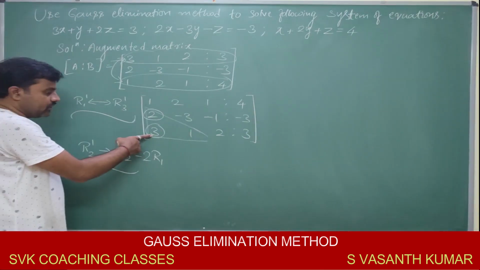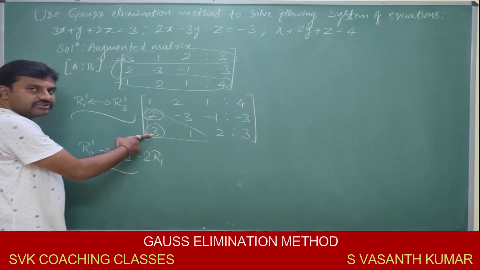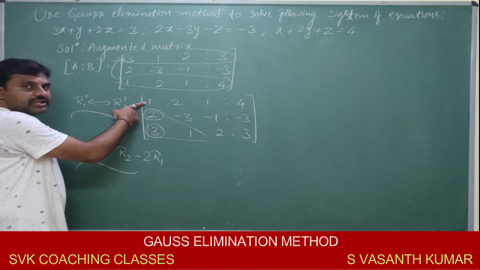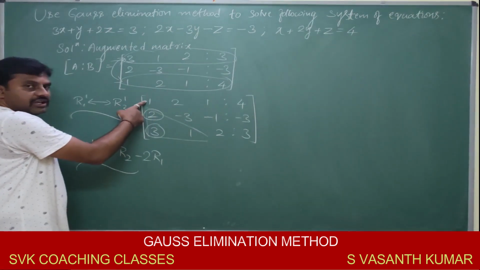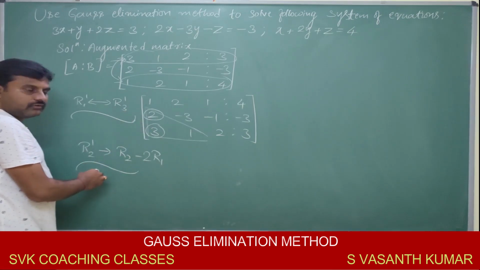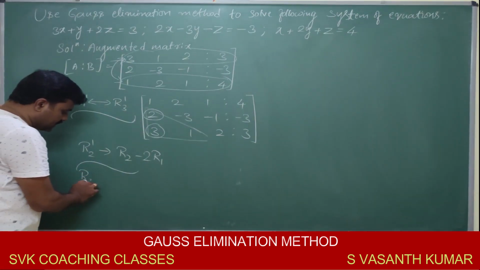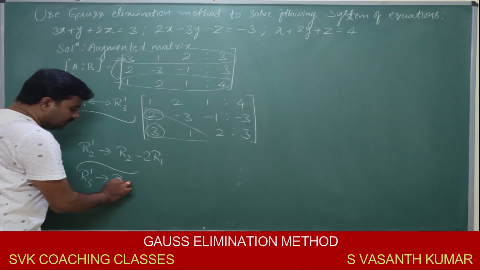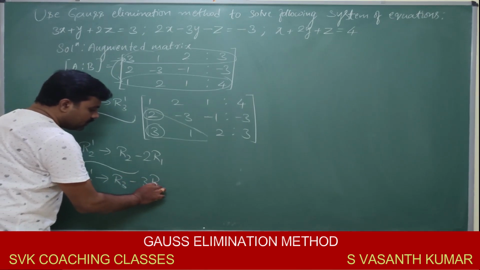Similarly, the third row, the first element contains 3, and the first row, first element contains 1. So this row should be multiplied by 3 and subtracted. Therefore, R3 dash changes to R3 minus 3 times R1.